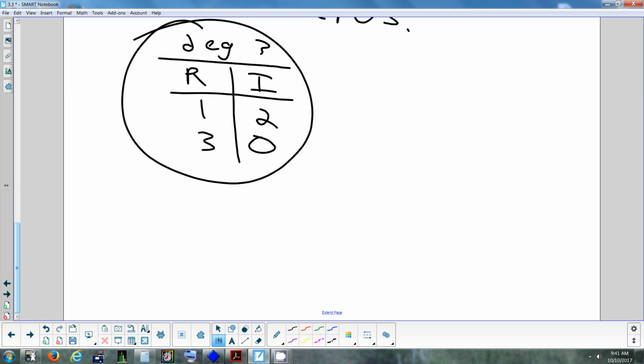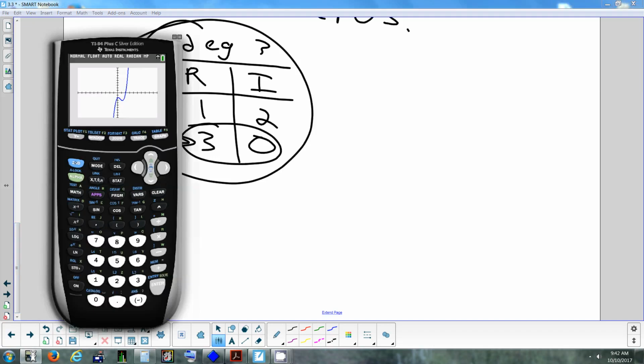Okay? And you might be like, oh wait, didn't you just say a real might only cross the x-axis twice? That's that case right there. When I say 3 reals, I don't mean that they're distinct. Maybe they're all 3 the same, all 3 different, 2 the same, 1 different, I don't know. But those would all fall into this case. So one of these two situations is happening.